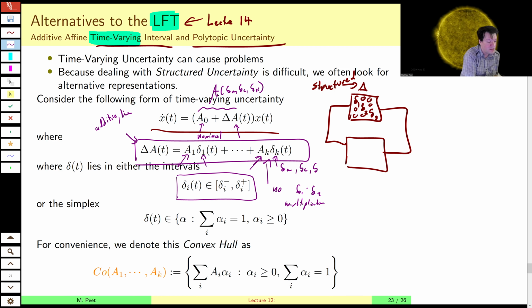The first is interval uncertainty, where each parameter has a minimum and a maximum value. And the other case is the polytope. We've already talked about the polytope a little bit. This often comes when you take various measurements of those parameters and you assume that the actual values can lie anywhere as a weighted average of those measurements.